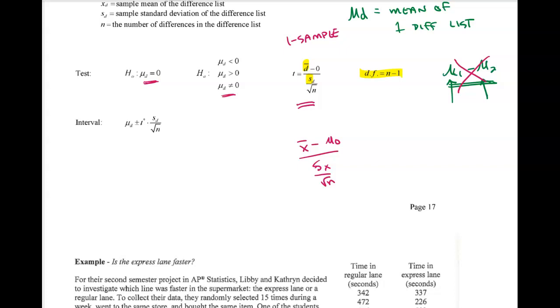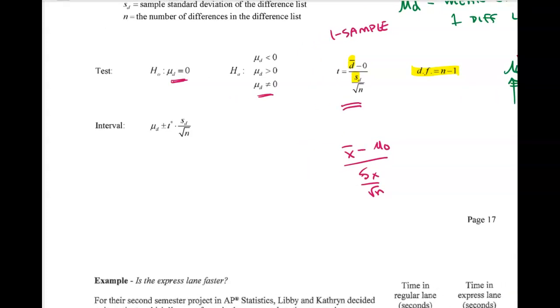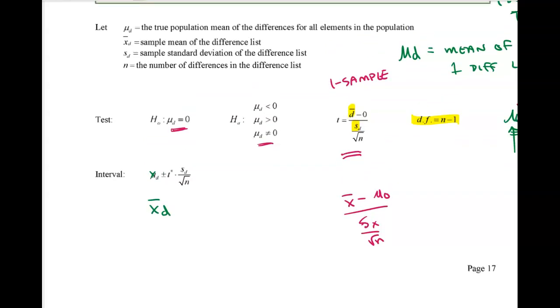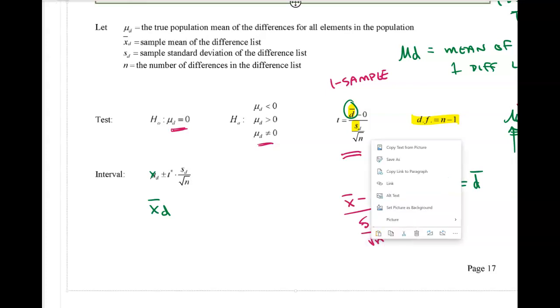Confidence interval, oh my gosh, this is a typo. That is not right. The interval is x bar d, or here I called it d bar. Okay, oh my gosh, notation, I'm sorry. So x bar d is the same as d bar, if we want to call it the differences. Here I called it d bar.